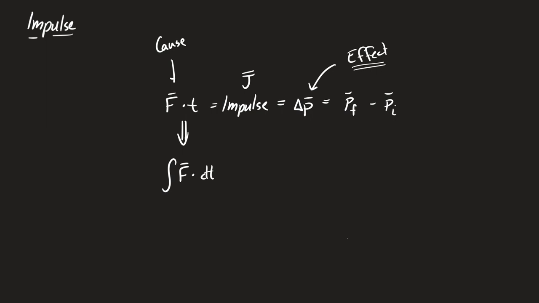Now, to calculate this impulse, don't be tricked too much. They can give you a complicated expression for force, something that has something to do with time. But don't be too worried about it. If you know the before and after, you don't have to integrate.